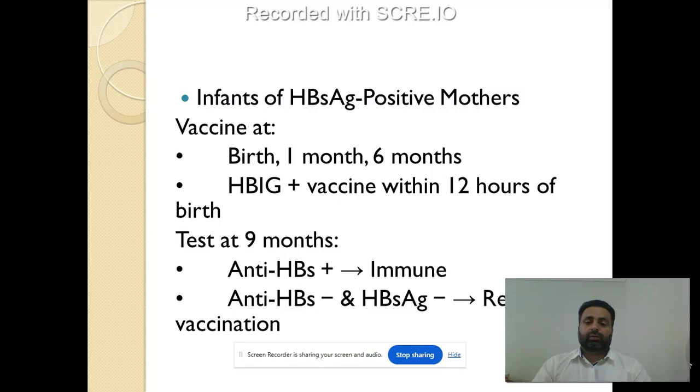Vaccine within 12 hours of birth. Test at 9 months: anti-HBs, HBsAg, and repeat vaccination.